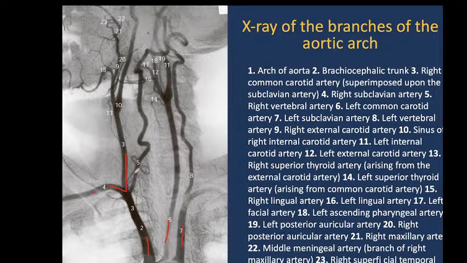All of this is interesting. The vessels number 5 and number 8 here are called the vertebral arteries. 5 is the right artery and 8 is the left artery.